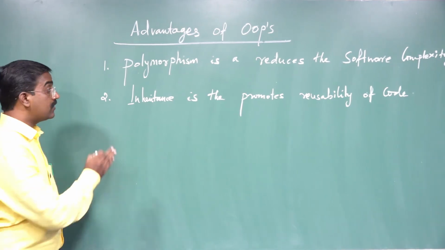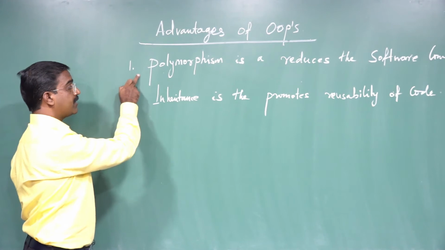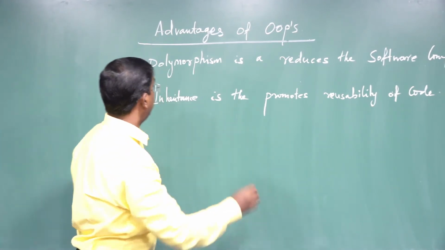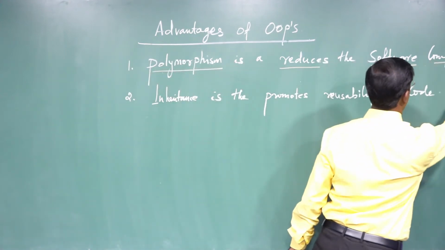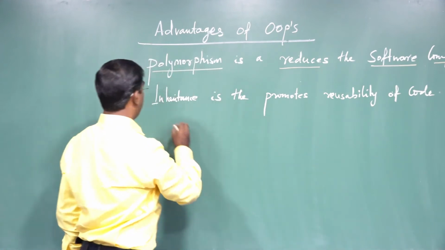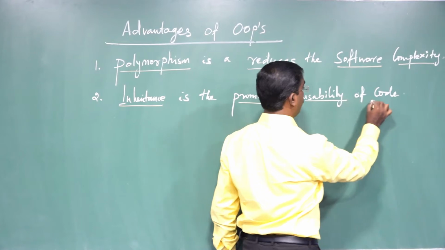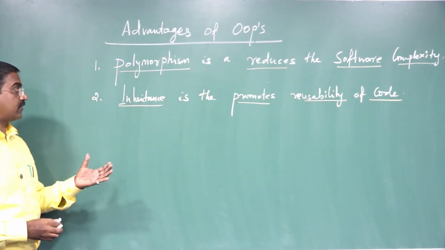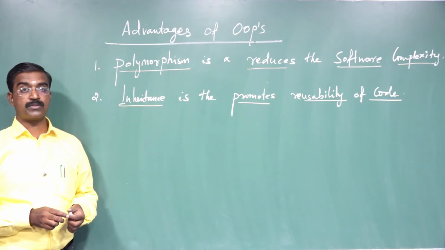But in this question, the advantages of OOPS, the main are polymorphism and inheritance. Polymorphism reduces the software complexity, and inheritance promotes reusability of code. These two points are very important in advantages of OOPS.